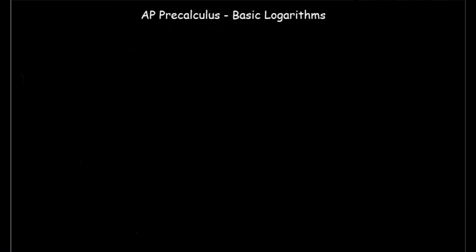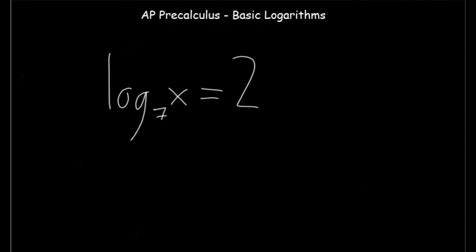And now say we want to convert from logarithm to exponential form. So let's say we have log base 7 of x equals 2. How do we go from this form to this form?